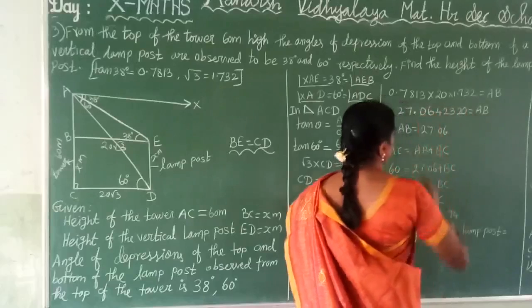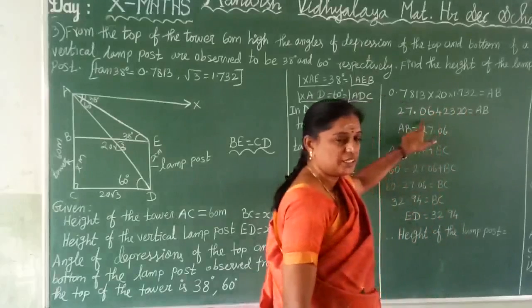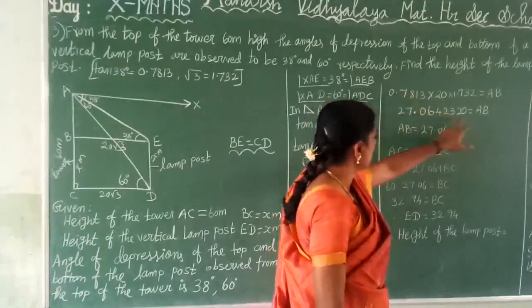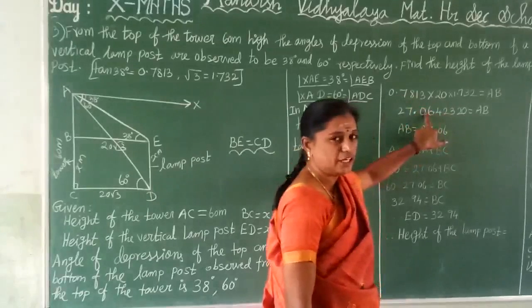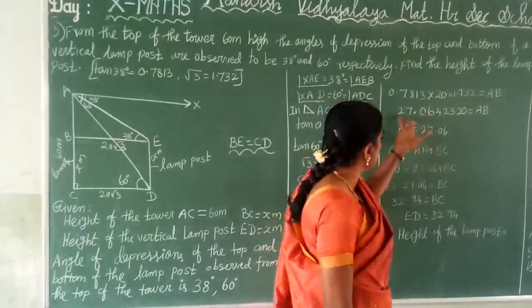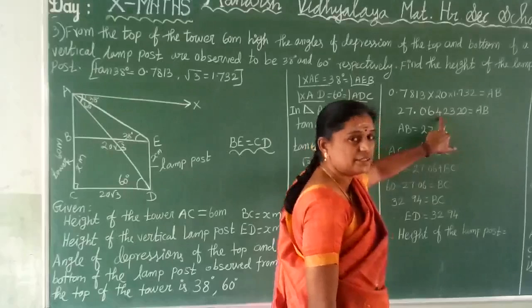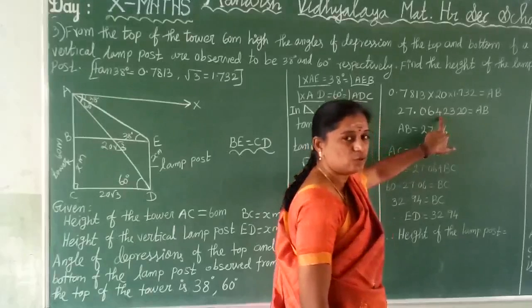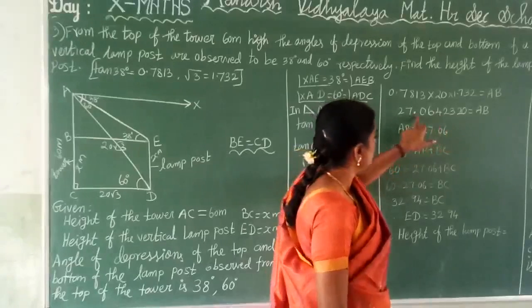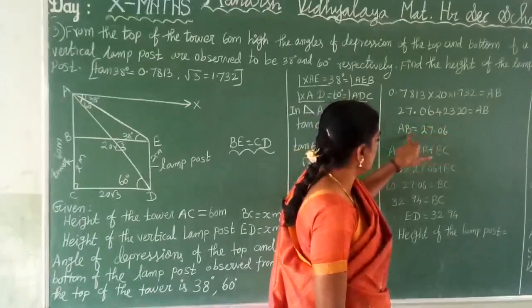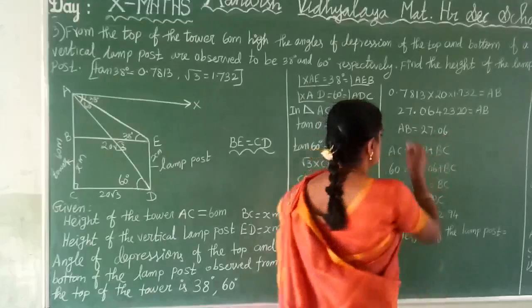You move and make the point. But 2 decimals is enough. So AB is equal to 27.06. You make 2 decimals, and after that this digit is below 5, so write as it is. So AB is 27.06.